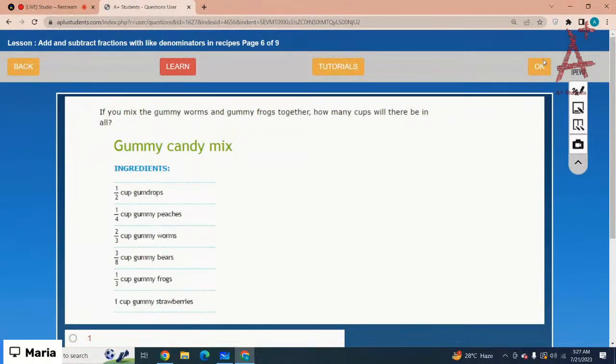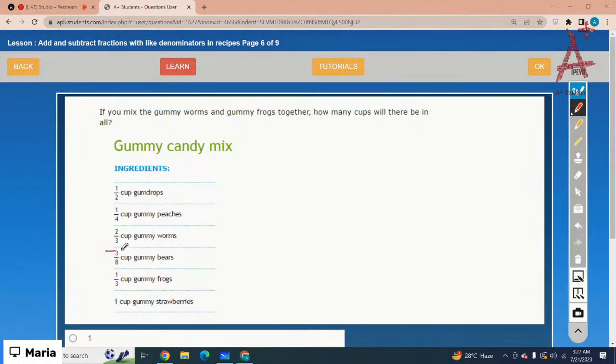If you mix the gummy worms and the gummy frogs together, how many cups will there be in all? So you have to add. Here is gummy worms, 2 by 3 cups, and here is gummy frogs, 1 over 3 cup.